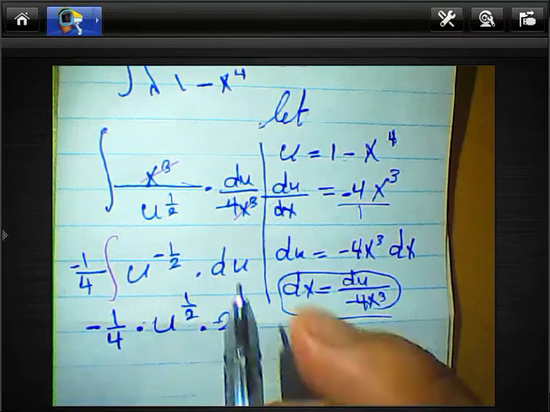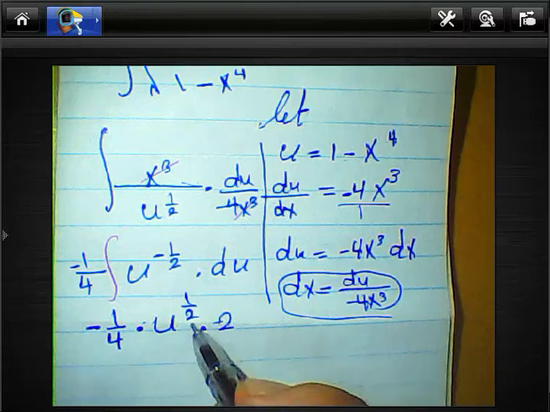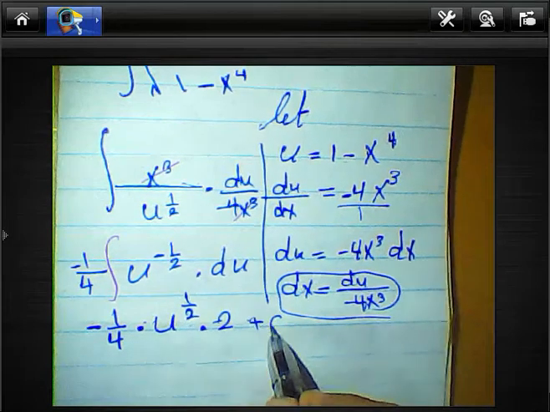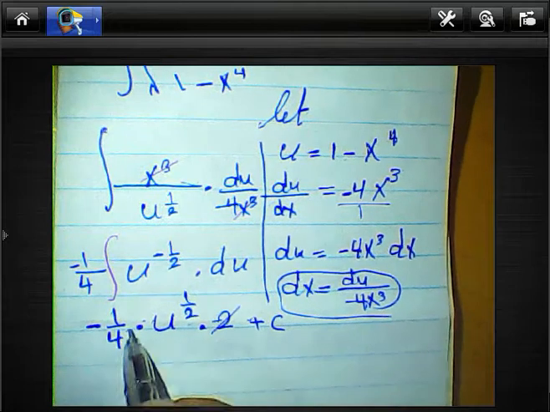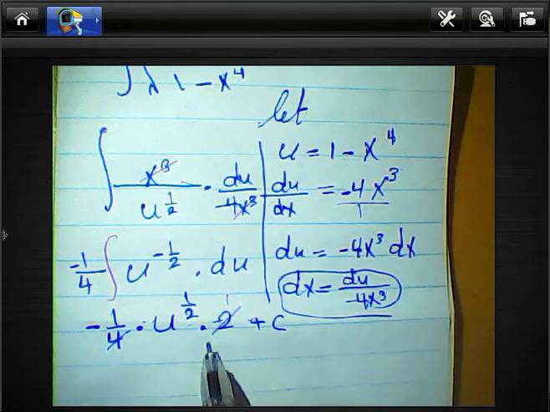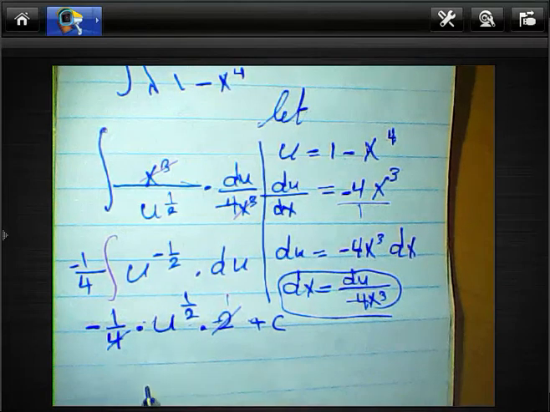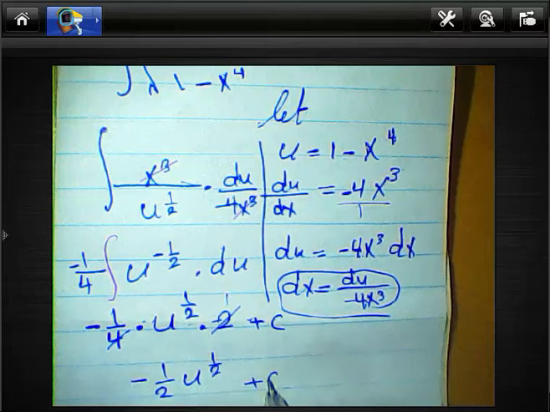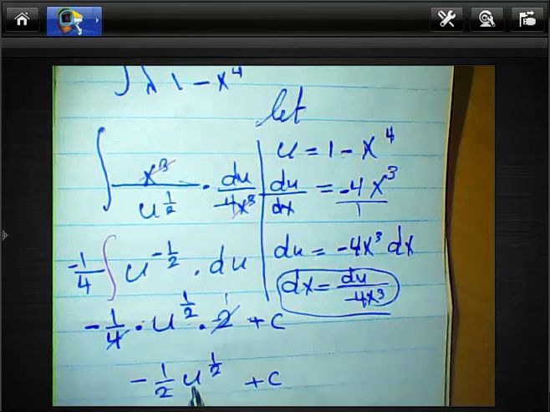Again we must add 1 to the power and divide by the power: 1 divided by half equals 2, plus constant, and we can simplify it. 2 divided by 4 equals negative half. 2 divided by 2 equals 1, 4 divided by 2 equals 2, so the result will be negative 1 over 2 u power half plus constant, and then we can cancel this unknown.